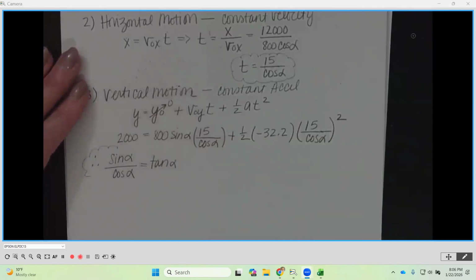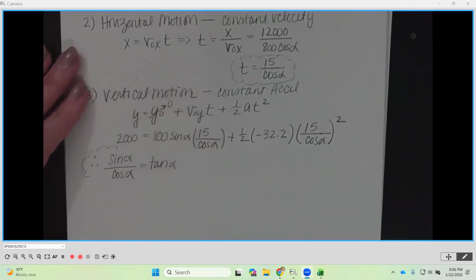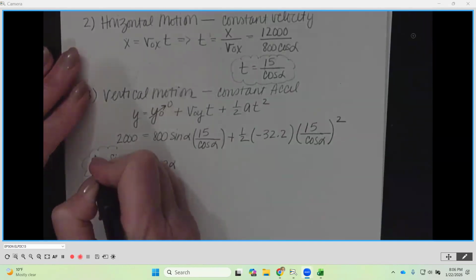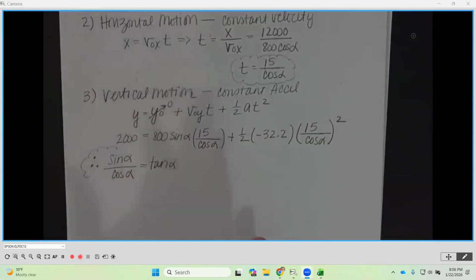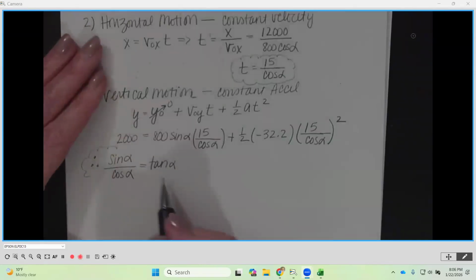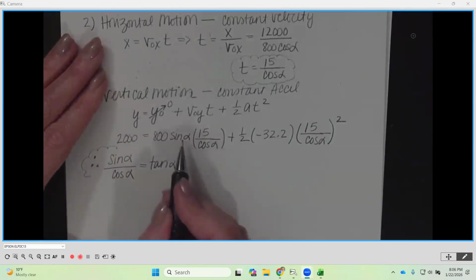That's a trig identity, okay? I'm not expecting you to remember those. I'm telling you, but if you want to look them up and recall what those are, they don't come up all the time, but periodically I'll remind you of those. But yeah, that's a trig identity. Okay, so that's going to help us out here.